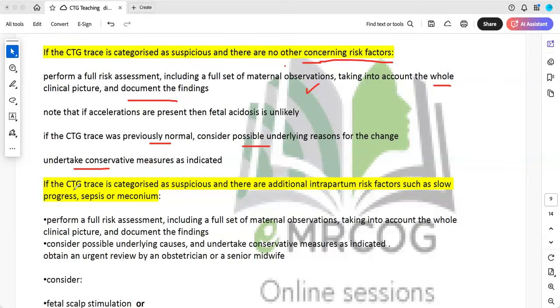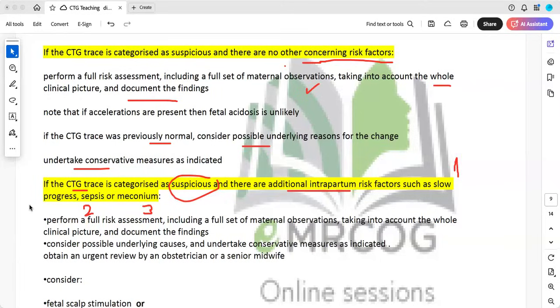If the CTG trace is categorized as suspicious, but there are additional intrapartum risk factors, such as, please count with me, slow progress, sepsis, or presence of meconium, and these are just examples.